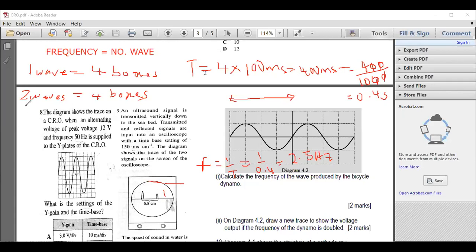That means one wave is only going to use 2 boxes. So half wave in 1 box, another half wave in 1 box. That means in 4 boxes you will see 2 waves. Make sure the amplitude does not change.